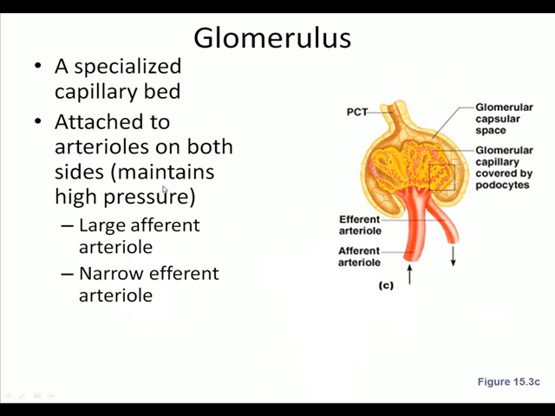A closer view of the glomerulus shows it's really a specialized capillary bed. So you know that capillary beds are the places where things are actually exchanged in and out of the blood system. The rest of the arteries and the veins are just tubes getting things from one place to another. In the capillary beds is where exchange actually happens. This is a very special capillary bed because it's more permeable than other capillary beds in the body.